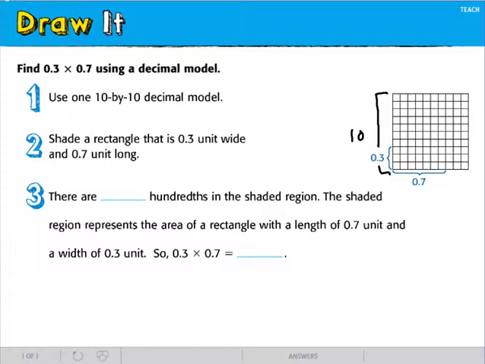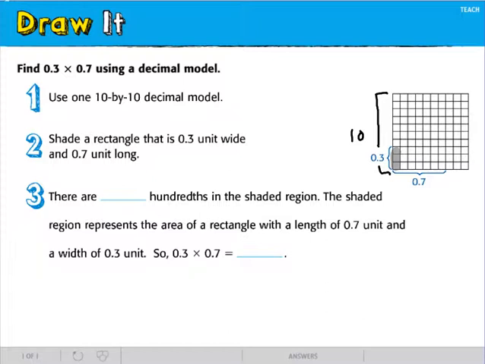We need to shade how many? What's our first number in our problem? 3. So how many out of the 10 do I need to shade in order to make 3/10? 3.